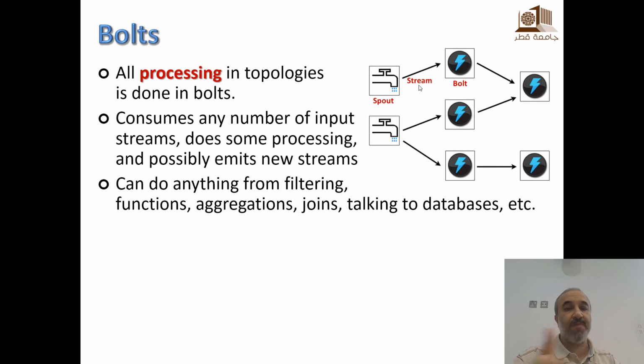It will process any number of input streams, and it will process the tuples from these streams one by one. So this is different from, I think you start to see differences here from Spark Streaming. There is no notion of datasets here, RDDs, or micro-batch.